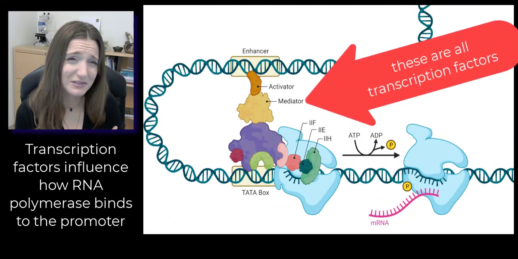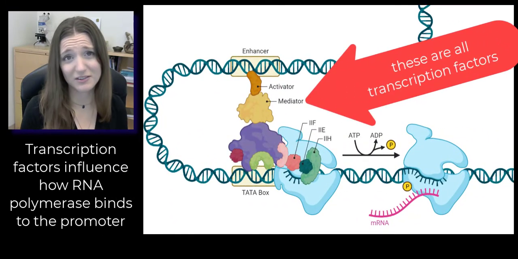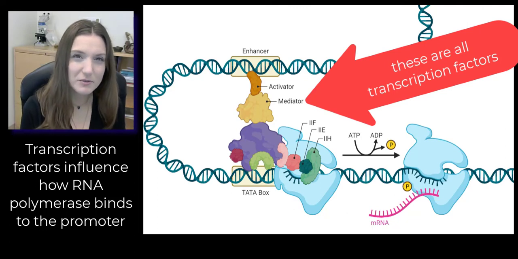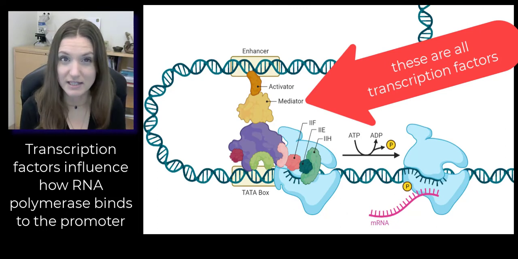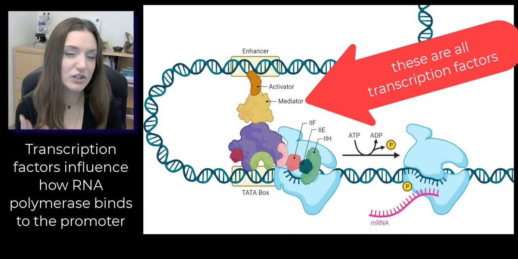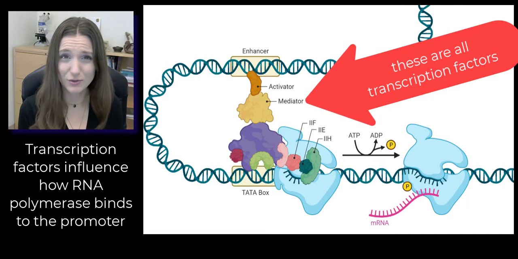We can add in things or take away things called transcription factors. Transcription factors are kind of like that repressor, but they aid in regulating which genes are turned on or turned off. Remember, if I say a gene is turned on, I mean it's being transcribed and translated.